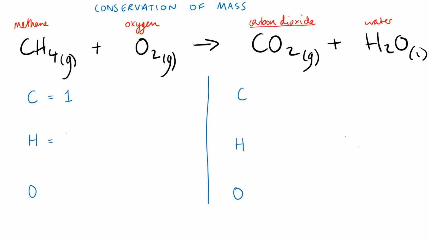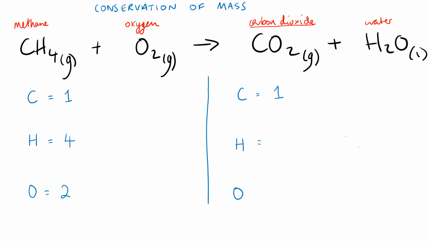Hydrogens, there are 4 because it's CH4, and oxygens there are 2 because it's O2. On the right-hand side, CO2 is the same as C1O2, so we have 1 carbon at the minute, so the carbons are currently balanced, the atoms of mass has been conserved.